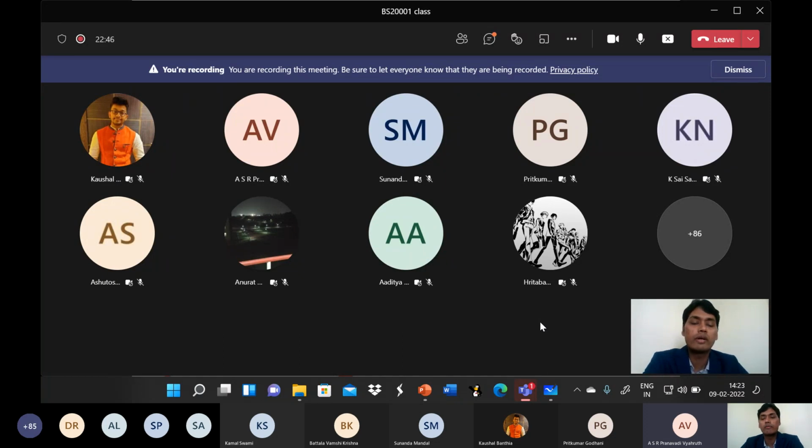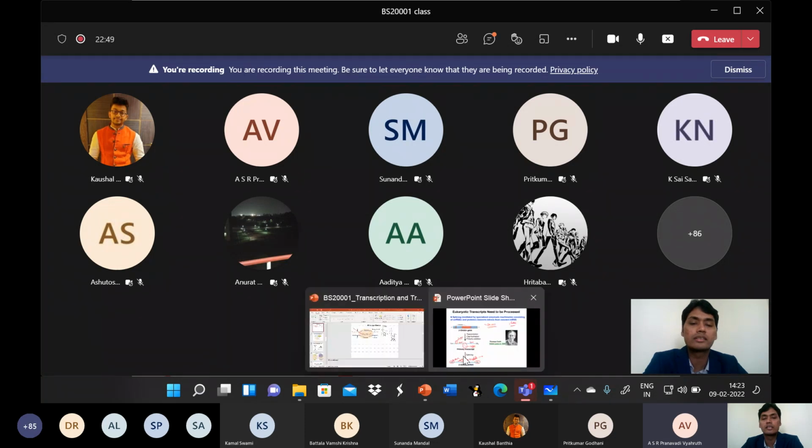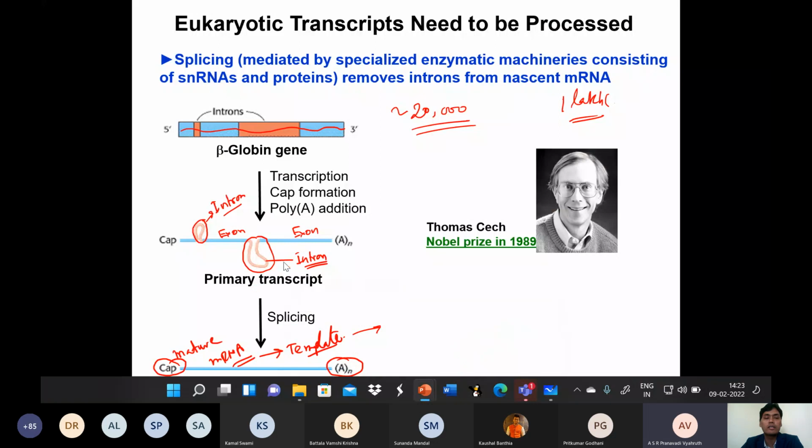So whatever I was saying, for example, in this mRNA you have two introns. Here you can see intron 1 and this is intron 2.